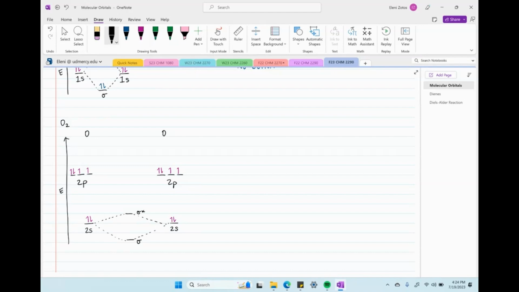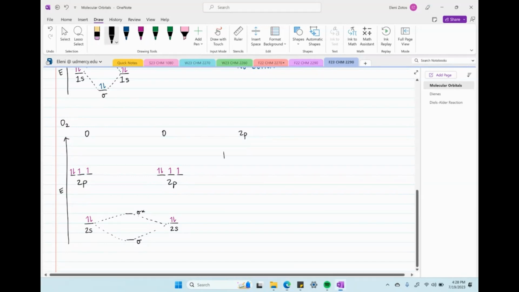Okay, so we talked about how the 2s shell can overlap to form a sigma and a sigma star orbital. Now the 2p valence shells are shaped differently. As we think about the p orbitals in general, now I'm drawing this on the side, we have a px orbital.